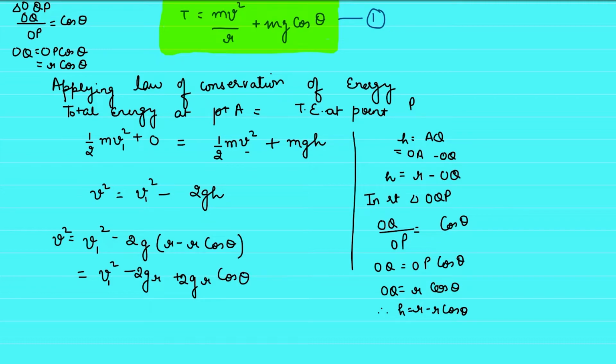So we can mark this as equation number 2 and this as equation number 3. So this gives the velocity in terms of height and this gives the velocity at point P in terms of theta.